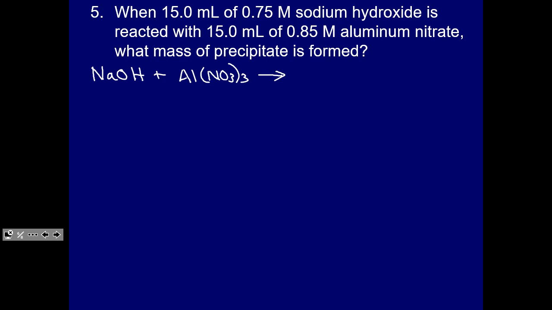What are the products going to be when they displace? What are the products of the double displacement going to be? Yeah, we've got NaNO3, 1 and 1, right? And what's the formula for the aluminum hydroxide going to be when we look at the charge on the aluminum and the charge on the hydroxide? We cross it over. I need a 3 on the hydroxide, right?